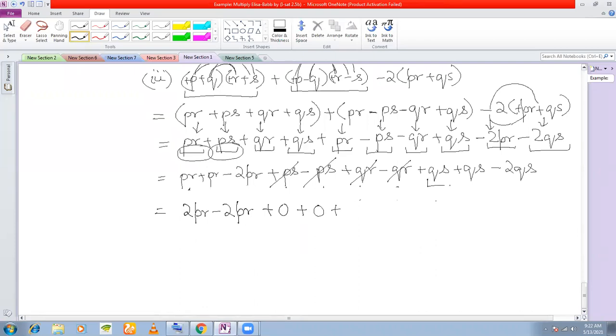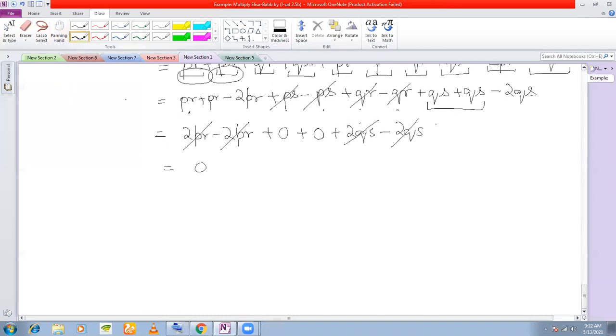Plus, now these two will combine, plus 2QS minus 2QS. What happens? These two also cancel out. So you simply get 0, and that is your answer. Any question? No, sir.